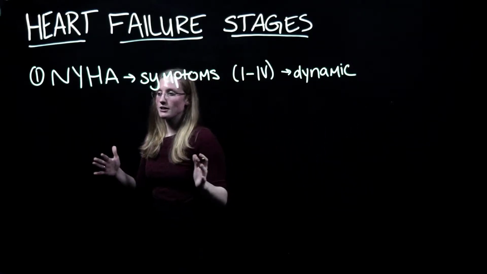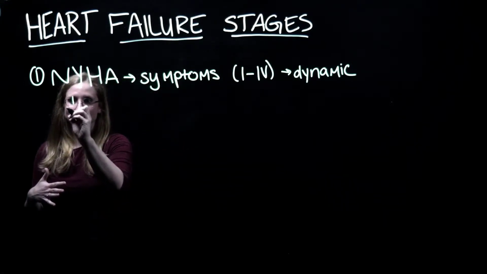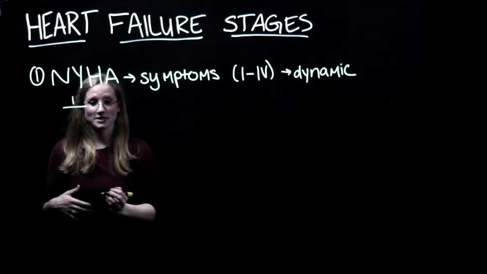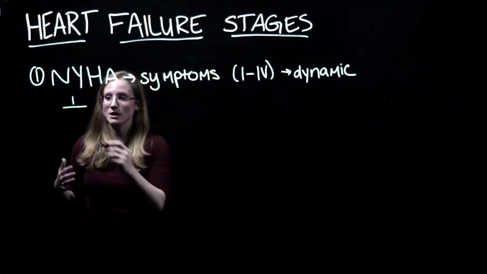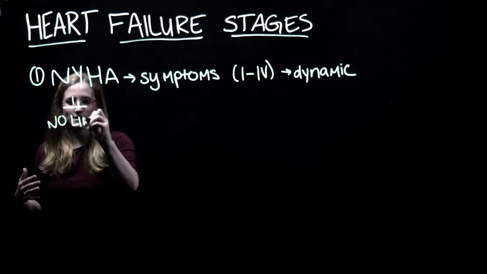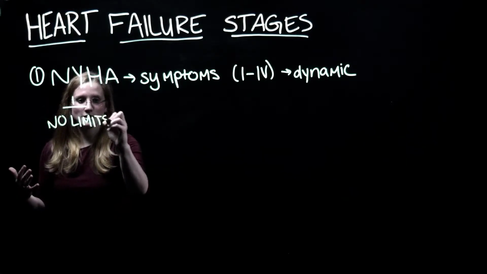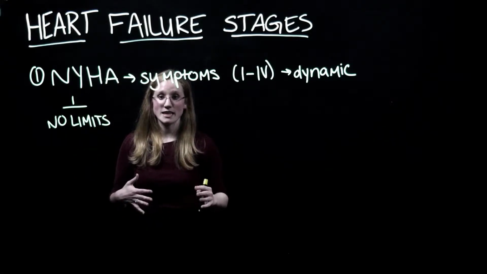So patients can move all around. And so let's start with our class 1. So these are going to be our patients pretty much with no symptoms, no limitations, or very minimal. So these patients are going to have no limits. They're going to do their daily routine, activities of daily living, everything like that.